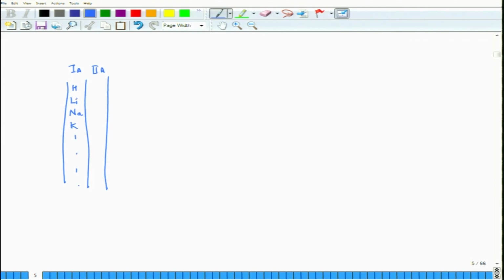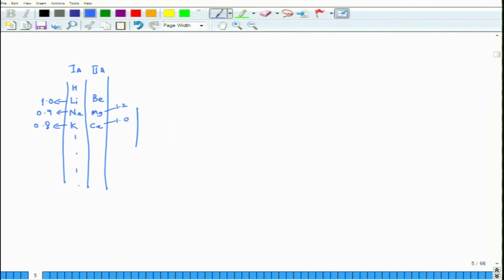Lithium has an electronegativity of 1.0, sodium has an electronegativity of 0.9, potassium has an electronegativity of 0.8. In the second group we start with beryllium, then magnesium, then calcium. Magnesium has an electronegativity of 1.2, calcium nearly 1.